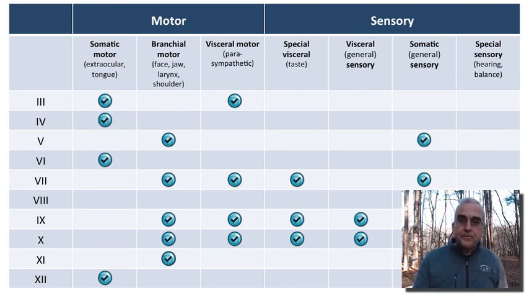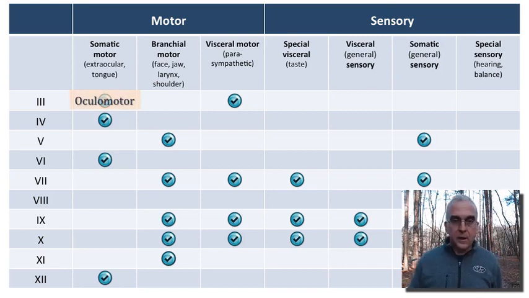The third nerve conveys somatic motor output to muscles in the orbit that move the eyes, as I suggested, and that output is coming from a nucleus called the ocular motor nucleus. The next somatic motor nucleus that we encounter is just a little bit inferior in the caudal part of the midbrain, and that's associated with the 4th nerve called the trochlear nerve. So 2 somatic motor nuclei in the midbrain, ocular motor superior and trochlear just inferior.